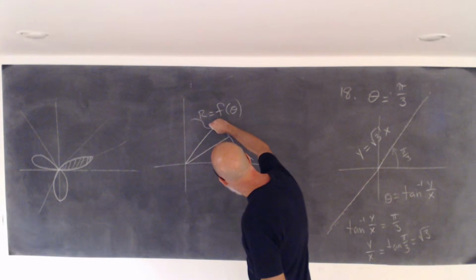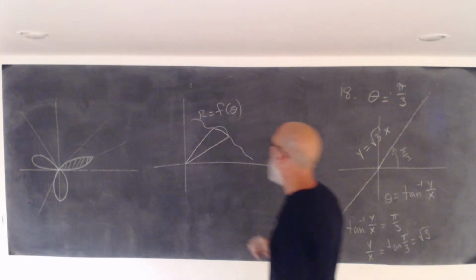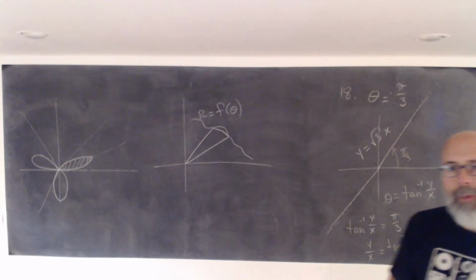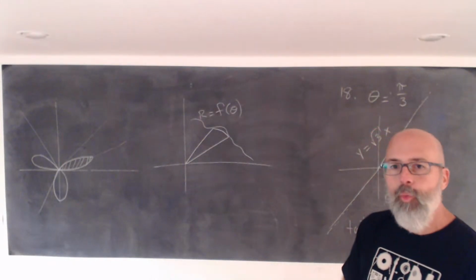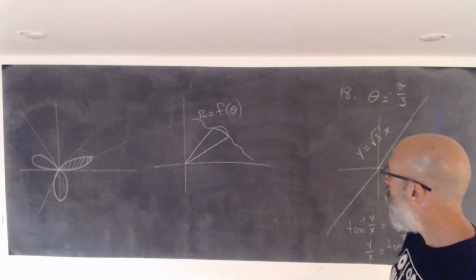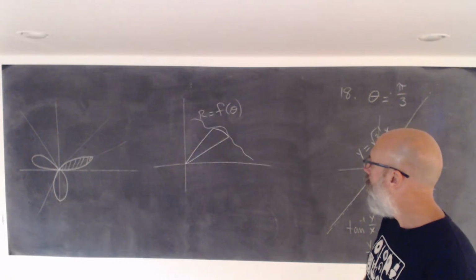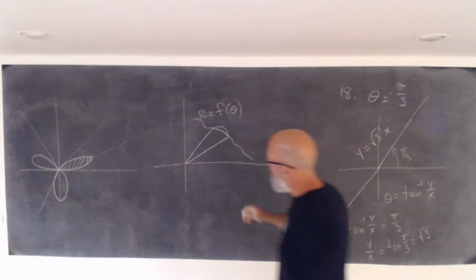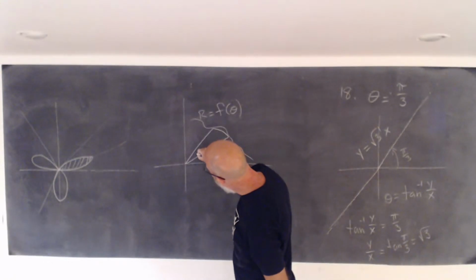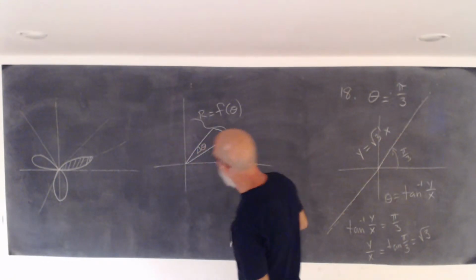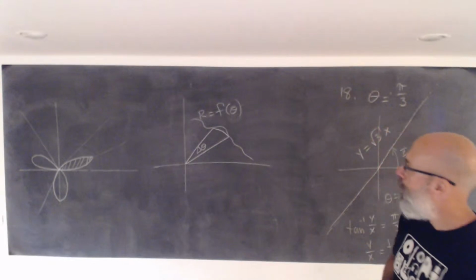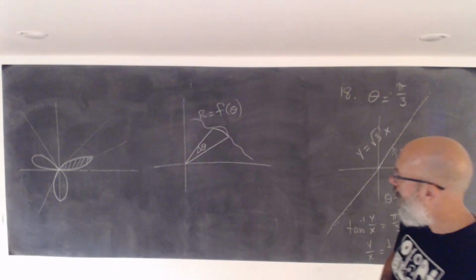We're going to approximate the area using these wedges. These wedges of small change in theta, so let's call it delta theta.